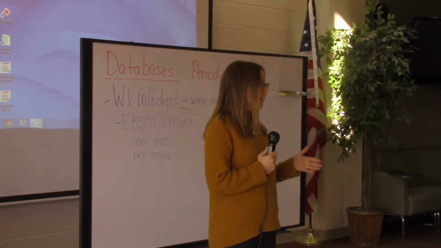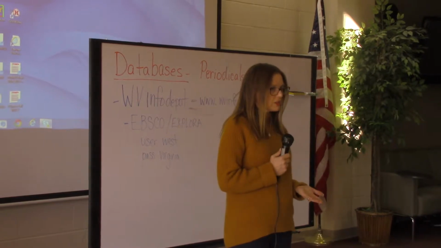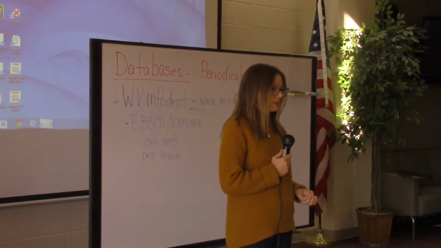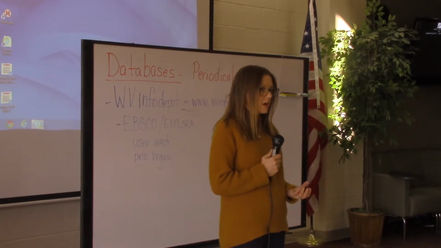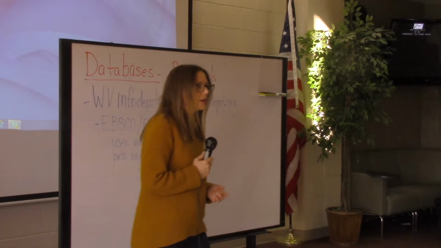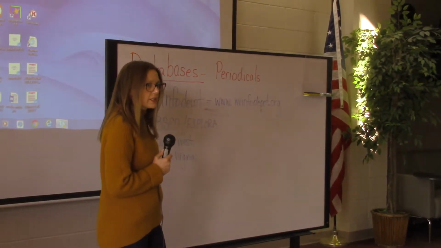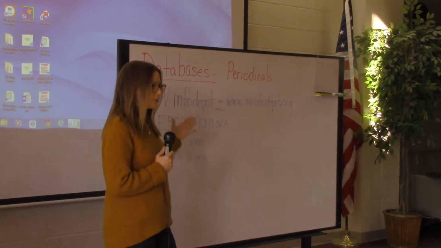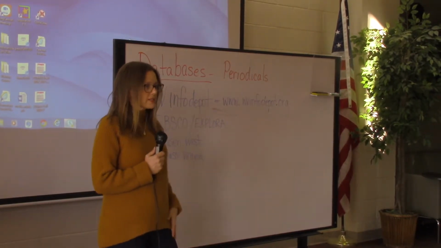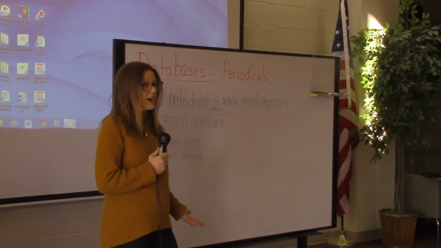Well, in the last 20 years, all of these articles have been digitized, meaning they've either scanned a copy or gotten a digital copy and uploaded them to a database. So the database is where all of the different magazines and newspapers and journals are housed.